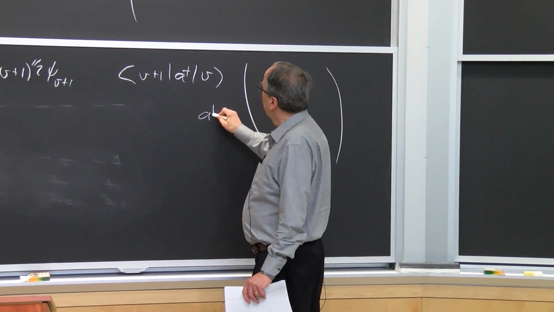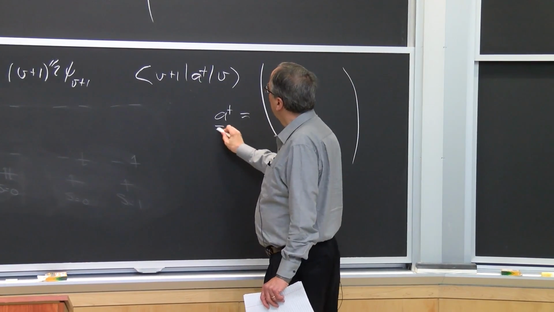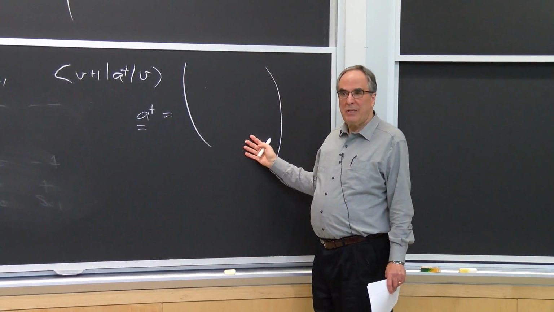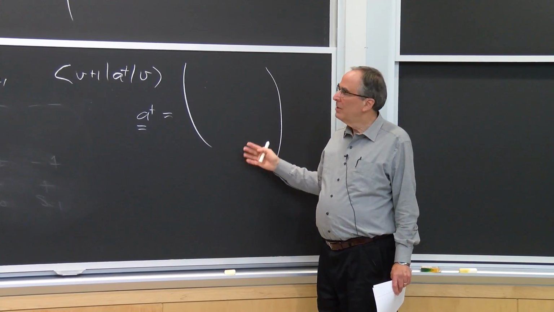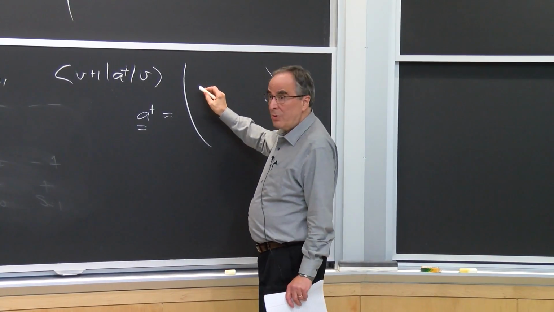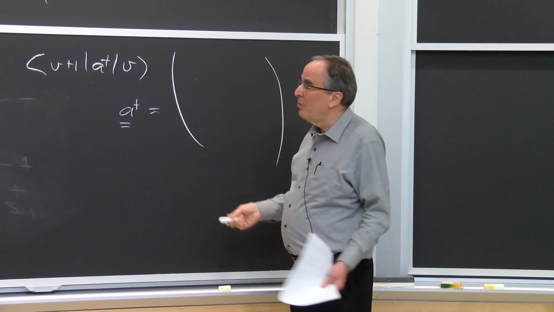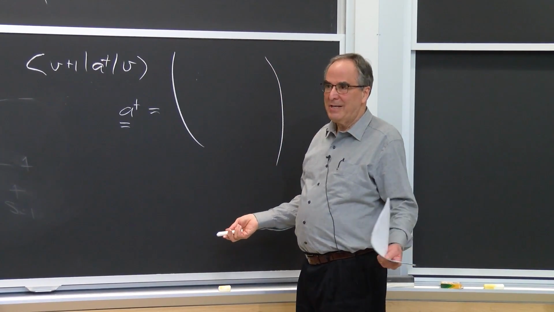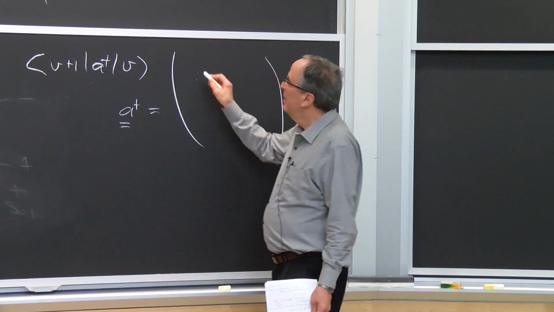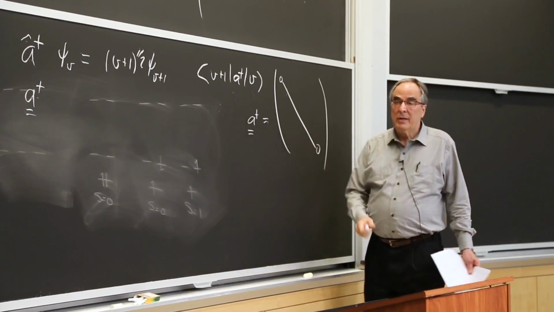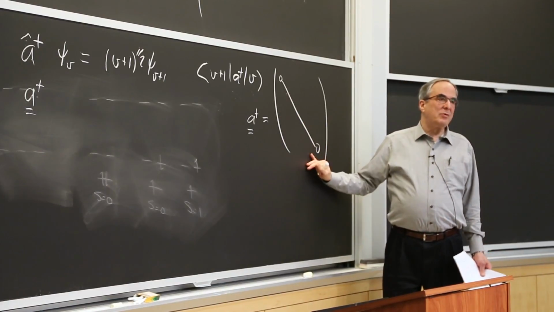So here's A dagger, and it's a matrix. And what goes in here? Well, the first thing you do, this is infinite. So you need some sort of a way of drawing something that's infinite so that you understand what it is. And so the first thing you do is you know that all of the diagonal elements are 0.